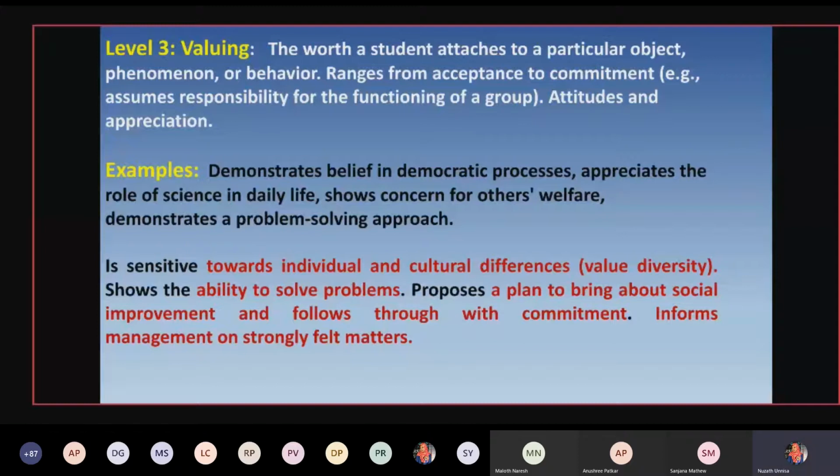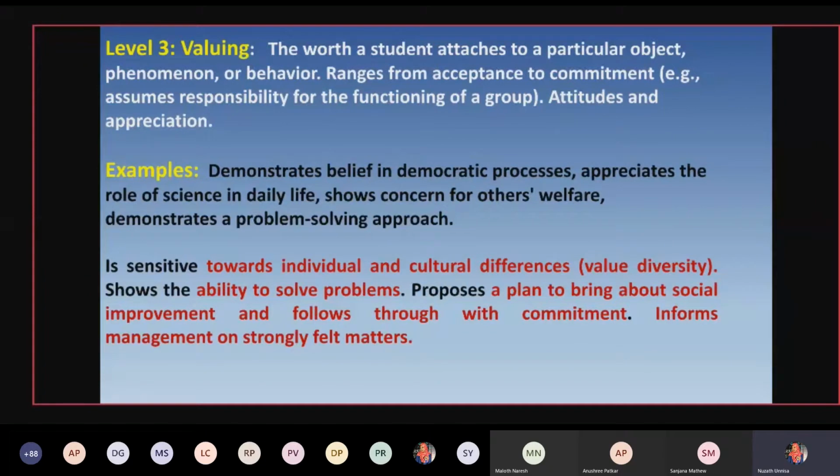So we can say that this is the level where the advanced level starts from, because at this level, the learner is not just receiving the information and responding to it, they're also attaching some level of values to it, which is extremely important. Because if a particular topic or phenomenon makes its way to the learner's value system, then the knowledge is definitely being imparted.